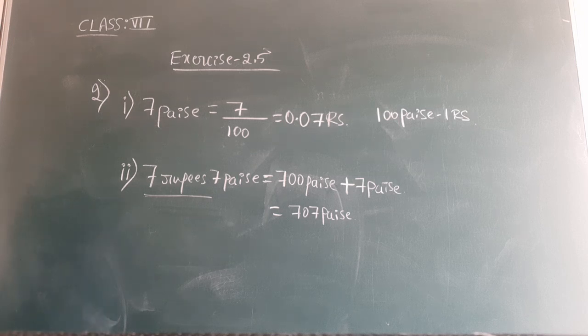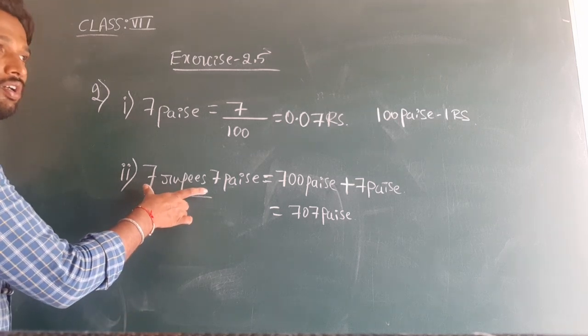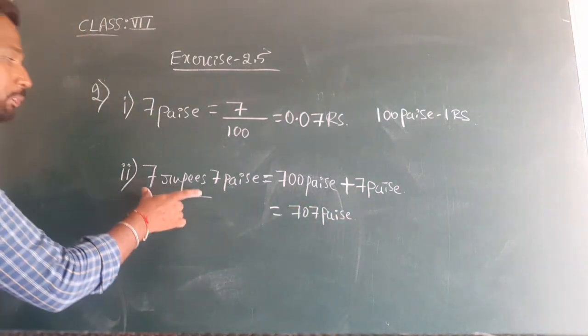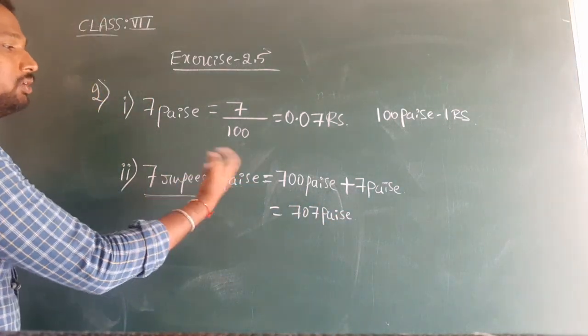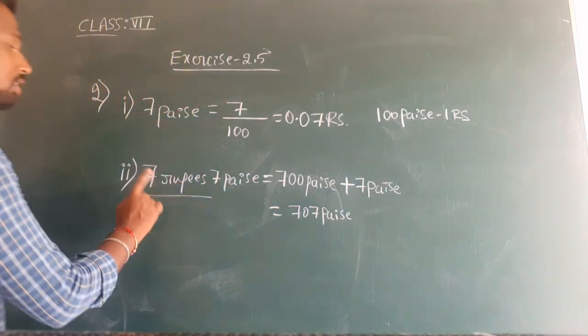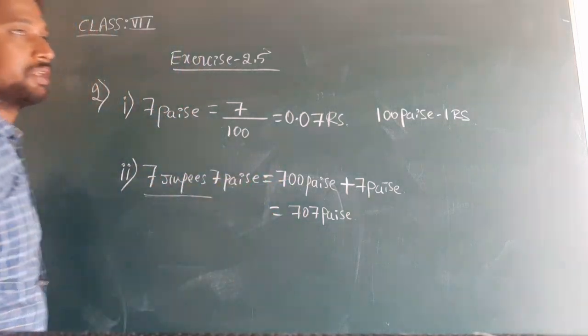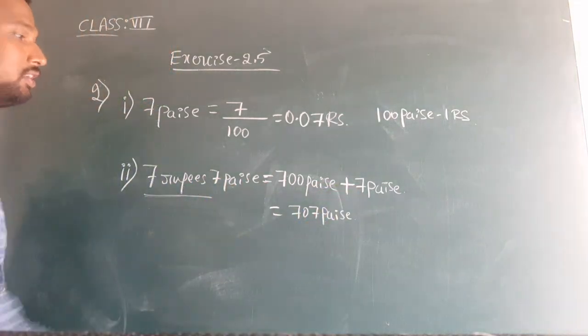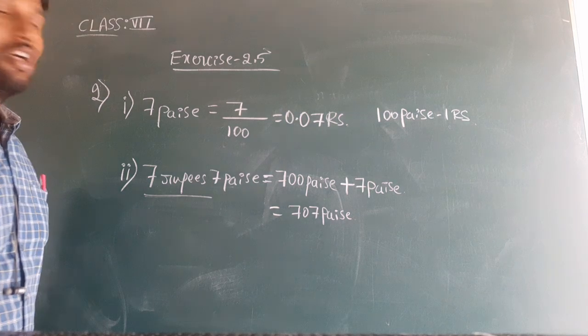What we did here is convert the rupees part of the value to paise only. 7 rupees 7 paise, if you convert to paise, we got 707 paise, because 7 rupees means 700 paise, and 700 plus 7 means 707 paise. Now we have to convert this to rupees.